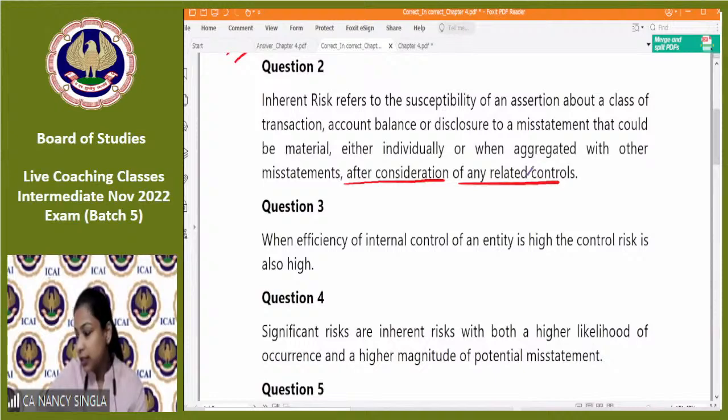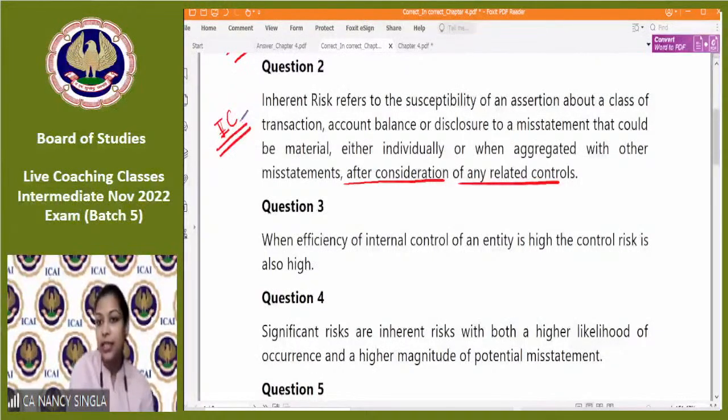So what is not correct in this statement? So the answer is what? Incorrect. Absolutely right. The answer is incorrect. Now tell me what is not correct in this statement.